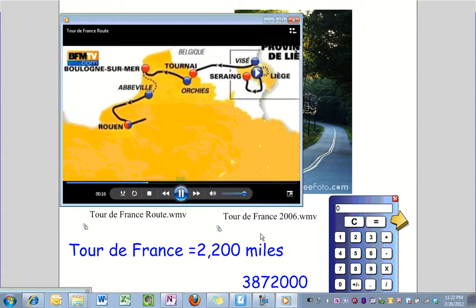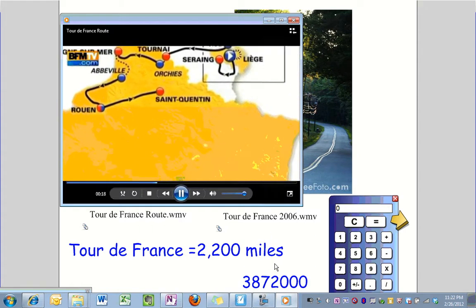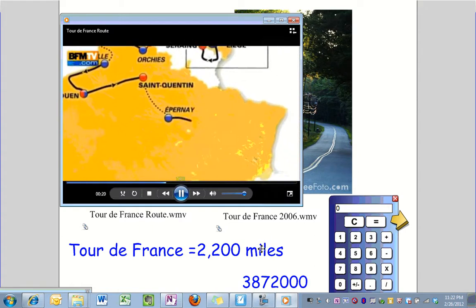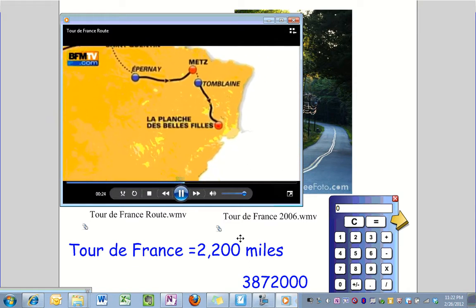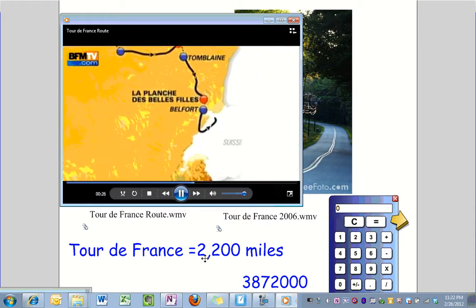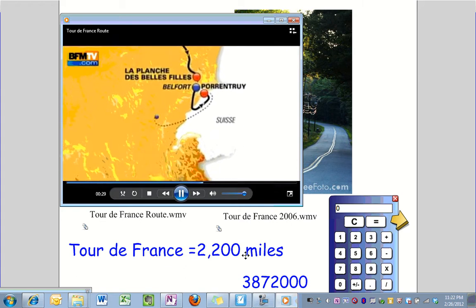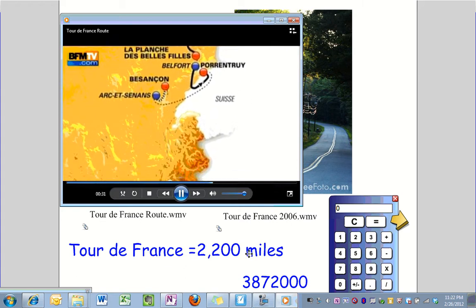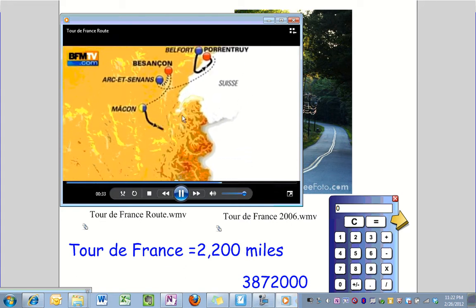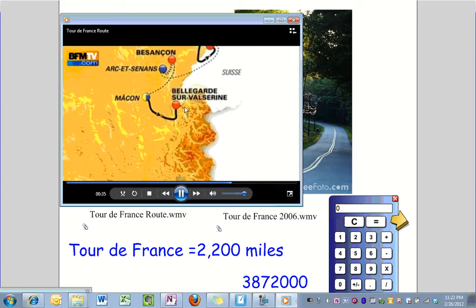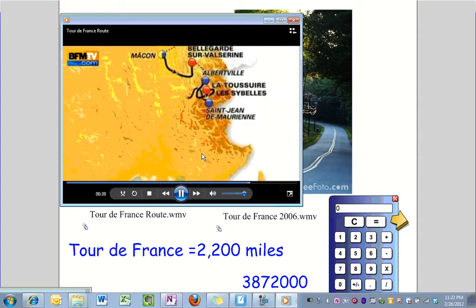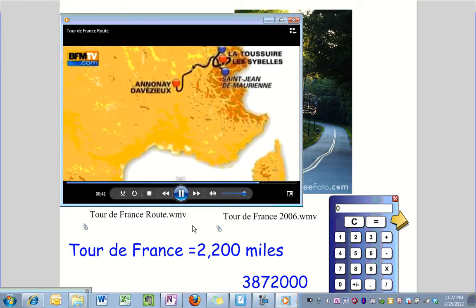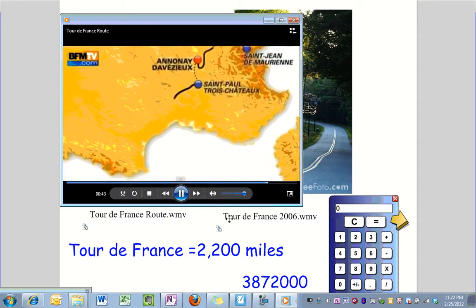That's a very long race. It takes the racers 3 weeks to complete it. They have to stop and sleep and rest and eat. It takes them 3 weeks to go 2,200 miles on their bikes. So as you can see, this is the route that they take. It's a long, long way. Very, very big commitment.